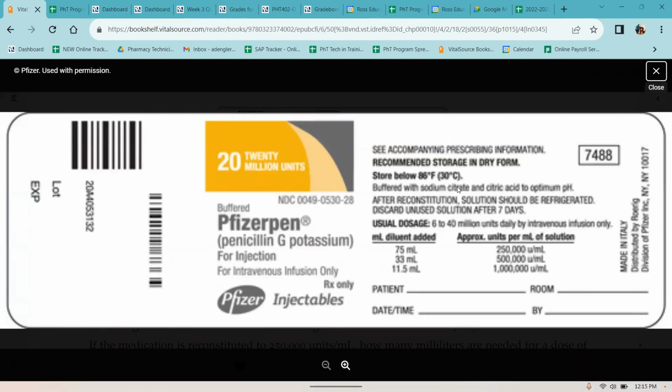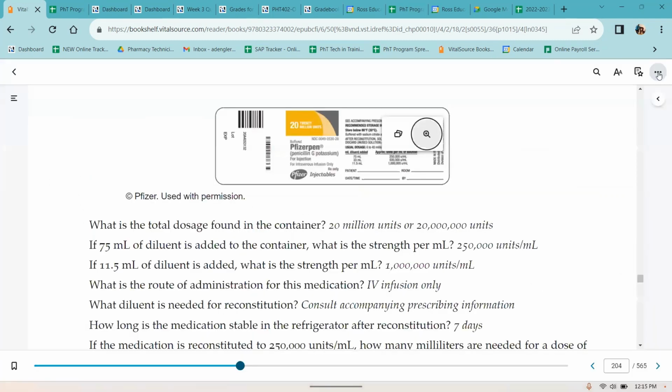So if we look here at our label, it tells us if we add 75 ml, we make it 250,000 units per ml, which it has here. If we add 11.5, it's going to be 1 million units per ml.